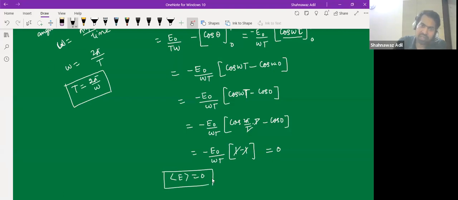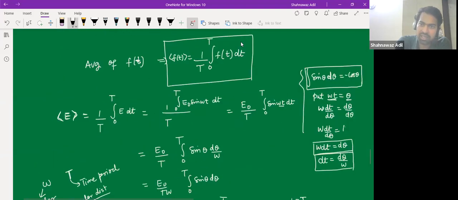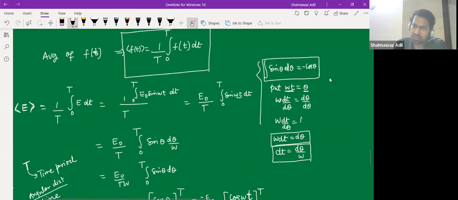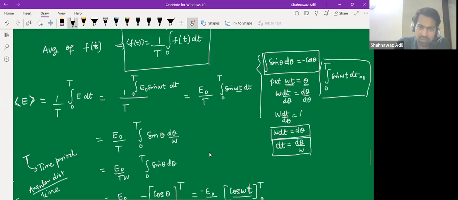I could have written this value directly, right? I could have just written that integration of sine omega t dt from 0 to T would be 0. But how this comes, that would be the question. So this is how your sine omega t dt is given, right?